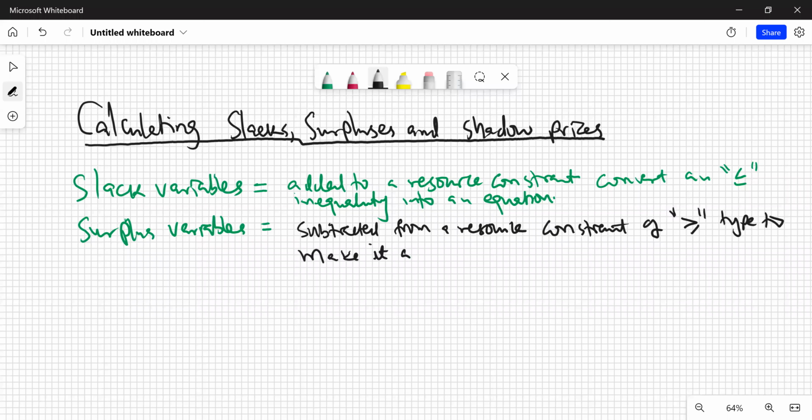These slack variables are also supposed to be non-negative, just like the other variables, and they are not supposed to change the optimal solution. So once you introduce the slacks and the surpluses, you end up rewriting the model into what we call the standard form.